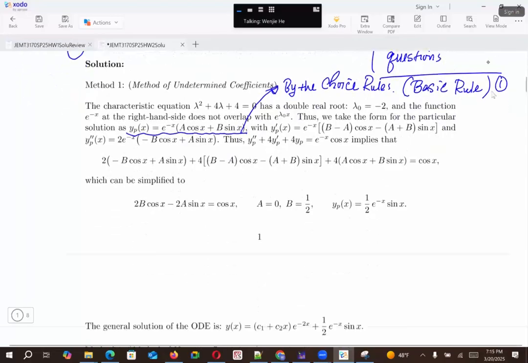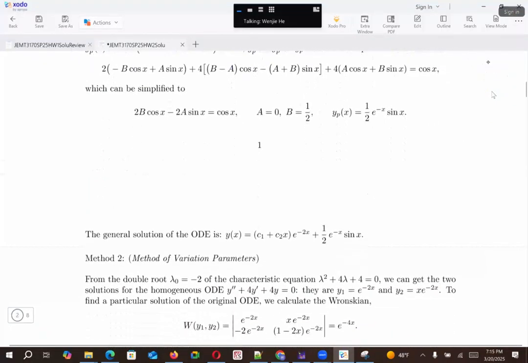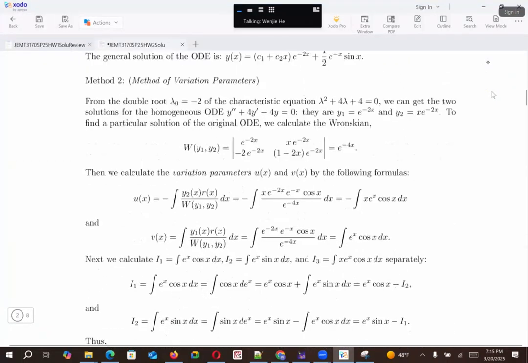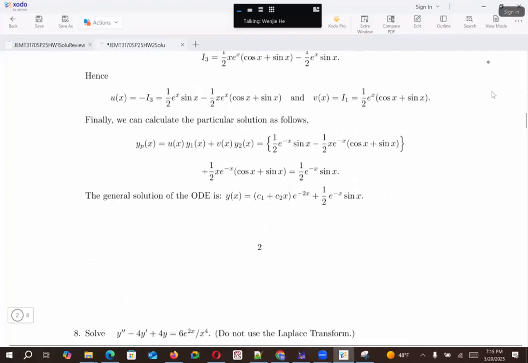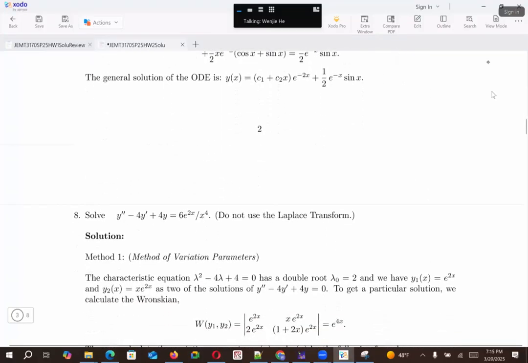But the one I want to give you as a test question is another one. This one is also by choice rule. This is another sample question for MQ6 by choice rule.